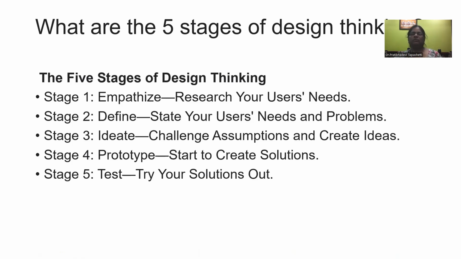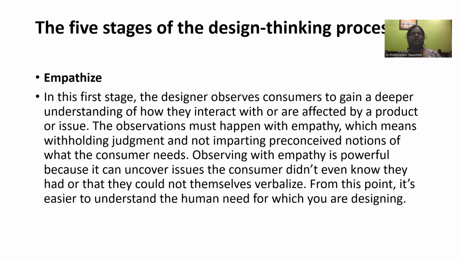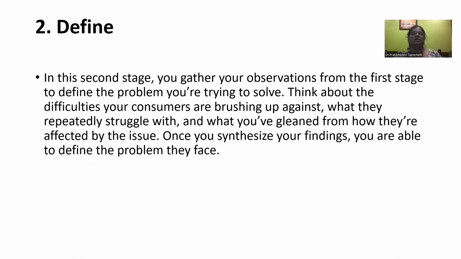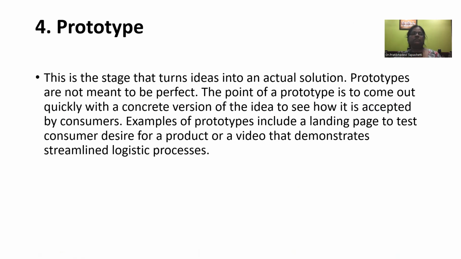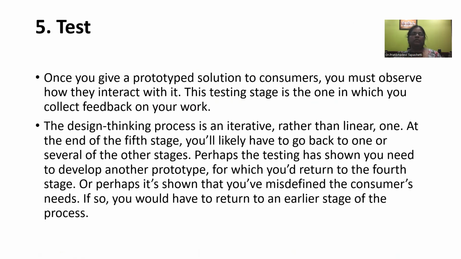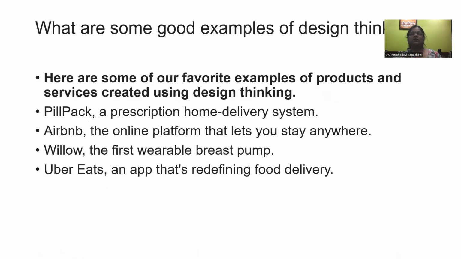There may still be a problem with the product, so all of this should be verified and timely changes made. Accordingly, all 5 stages come in a circular, cyclic fashion. Empathize is the first stage, define is the second, ideate the third, prototype the fourth, and test the fifth. These are the 5 different stages of the design thinking steps.